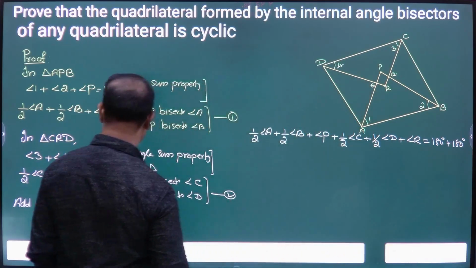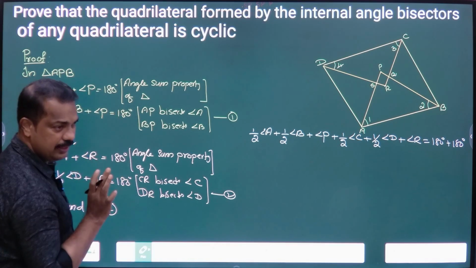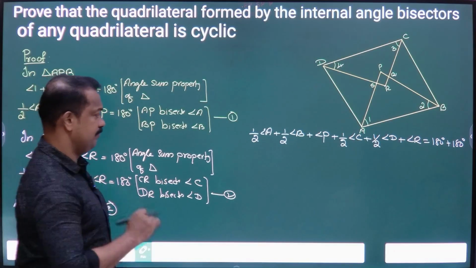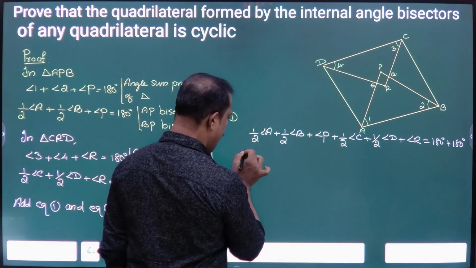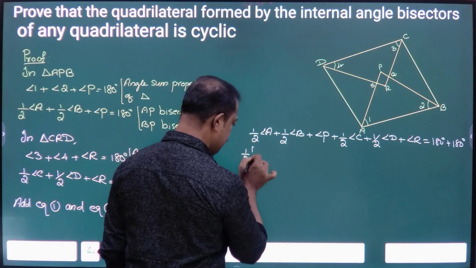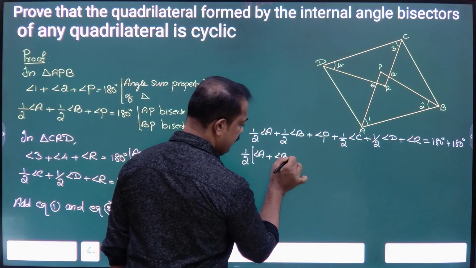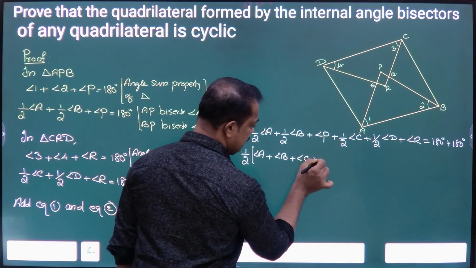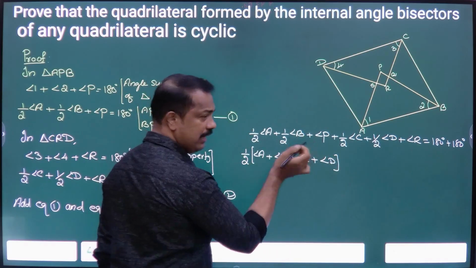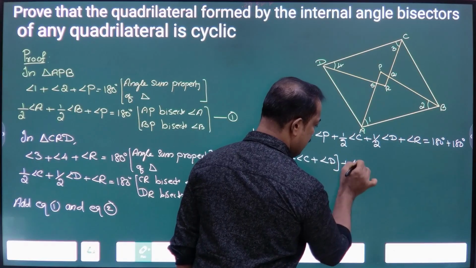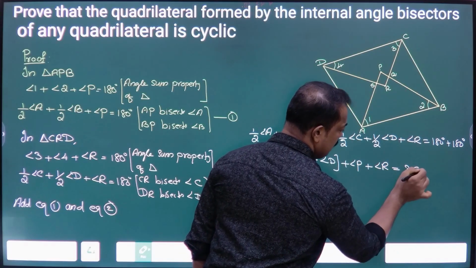Left hand side add कर दो और right hand side भी add कर दो, दोनों equation का. Clear? हाफ कॉमन ले सकते हैं, तो हाफ कॉमन ले तो इधर क्या होगा, half into angle A plus angle B plus angle C plus angle D, बट P में हाफ नहीं है तो बाहर लिख दो, plus angle P plus angle R is equal to 360 degrees.